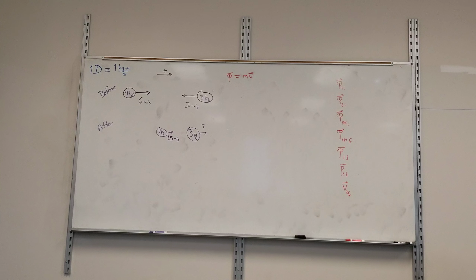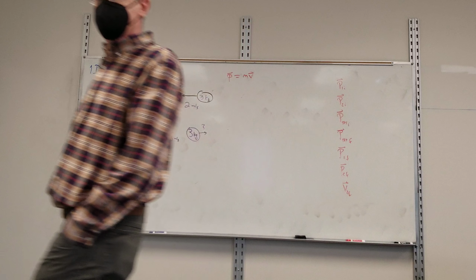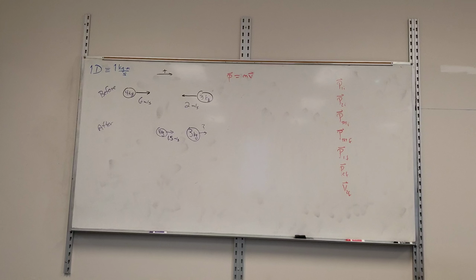Beforehand, what was your total initial? That 1.5 there, that's final. Before it's 4 kilograms going 6 meters per second, 3 kilograms going 2, so that's 6 there. You did that.